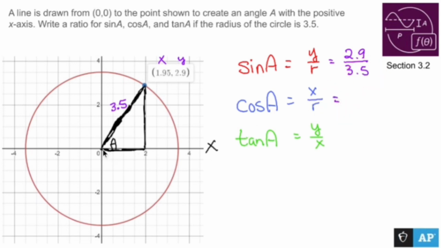Cos A is going to be my x value, which is 1.95, over my radius value, which is 3.5. And tangent is going to be my y value, which is 2.9, over my x value, which is 1.95.